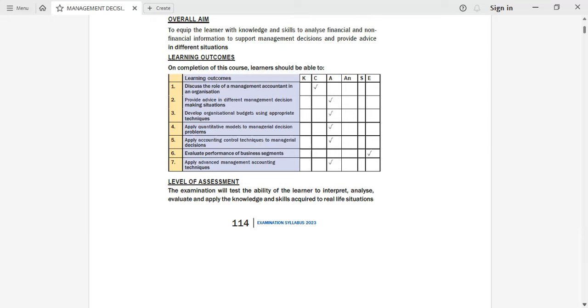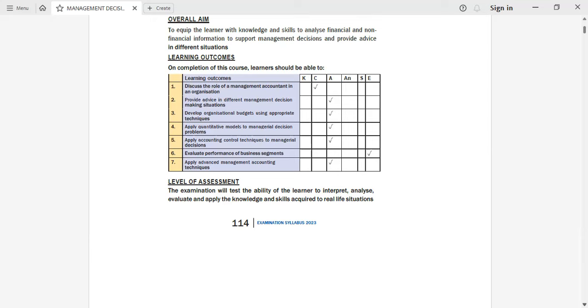So to give you a highlight on how we can maximize the marks and work within the time, how we are going to be managing our time. We are going to see that section A is going to be 40 marks.